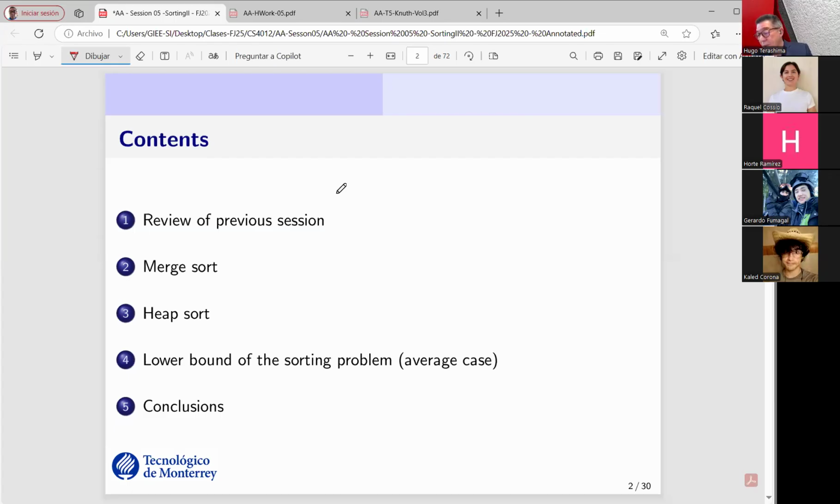One is the merge sort, the other is the heap sort, and at the end is the lower bound of the problem, but in the average case, right? So these are mainly the three things we're going to review today. And at the end, I will talk a little bit about homework number 5, but up to now, you don't have to worry very much about homework 5, but you should know what you're going to do, right? That is important.